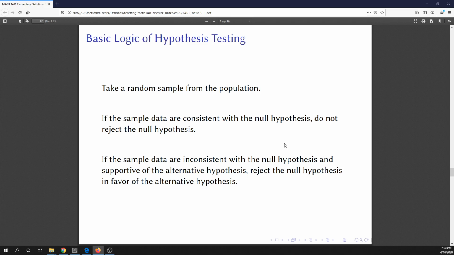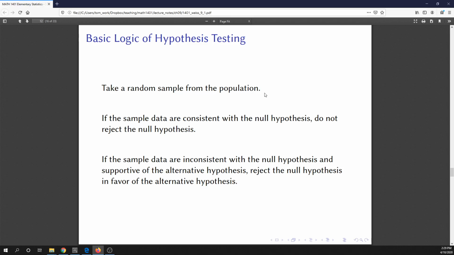So the basic logic that we go through in hypothesis testing is, number one, we take a random sample from the population, and then we examine that sample data and do some calculations based on it. Again, we're not going to go over those calculations in this video. We will go over them in section 9.3.